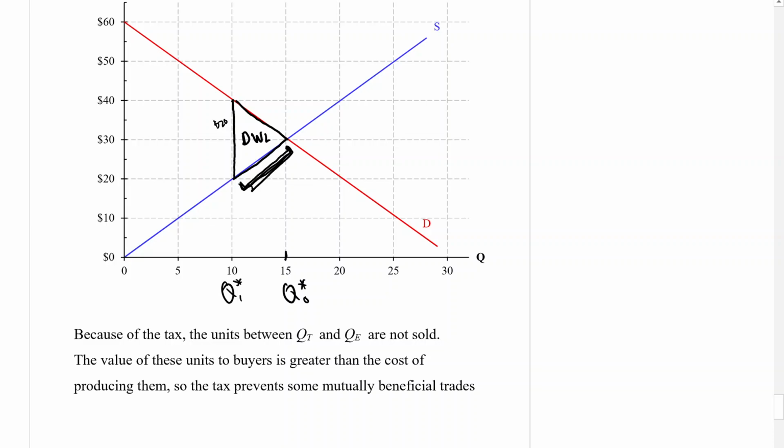They were willing and able to sell. There were buyers here who were willing and able to buy. And now those sellers are out of the market, and those buyers are out of the market because of that tax. So if this is Q0 and Q1, we could also call that QE and QT, for tax, E for equilibrium.